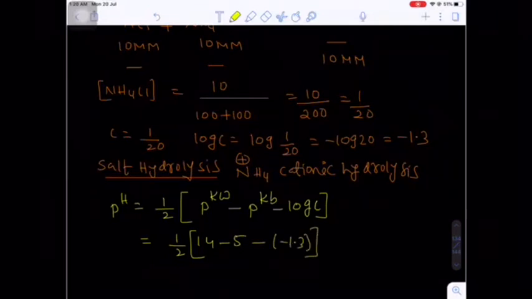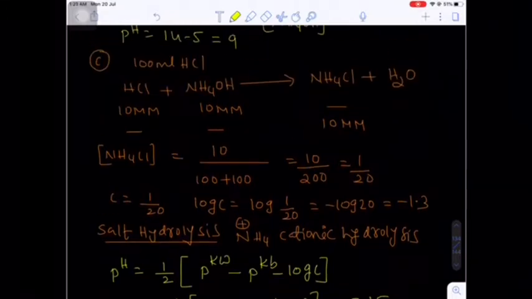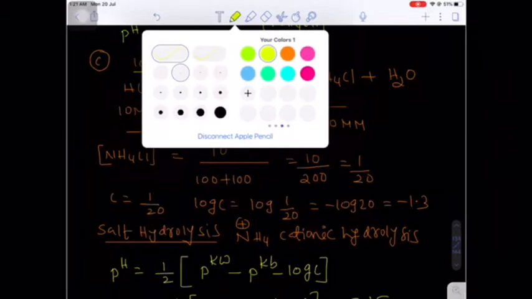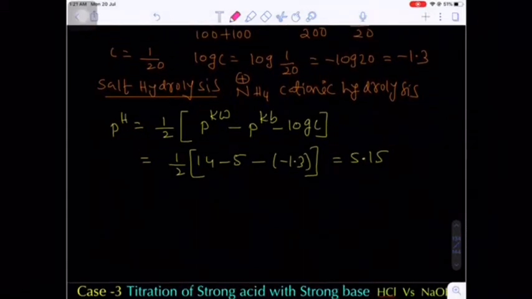So pKw value at room temperature will be 14. What is the pKb value here? 5, minus log C value, minus 1.3. So minus of minus you will get here plus. So finally, if you simplify, your answer will be 5.15. This is the pH of the solution when 100 ml of hydrochloric acid is added.